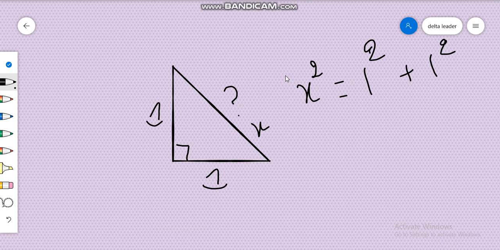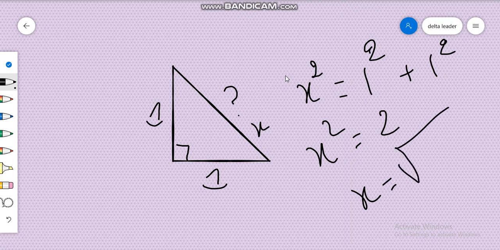Because 1 squared is still 1, we have 1 plus 1, so we have 2 here. So x should be equal to the square root of 2.